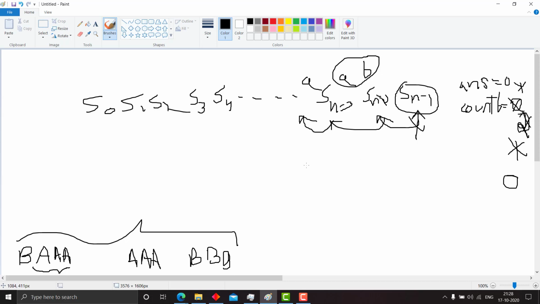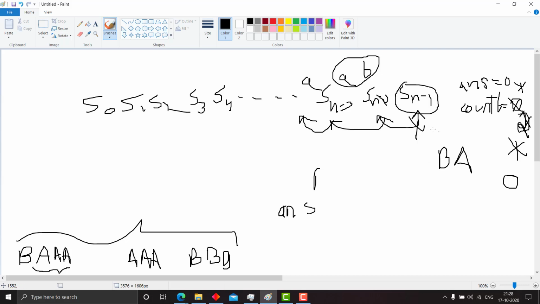What does this do? In the end, the string that will be left with us would only have b's if count b is greater than 0. Then the answer would be the present answer that has come due to a, and then b's coming.